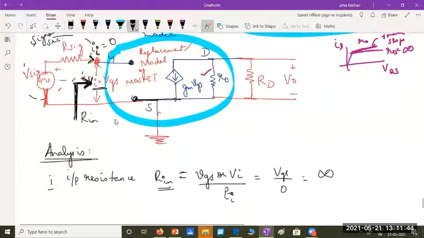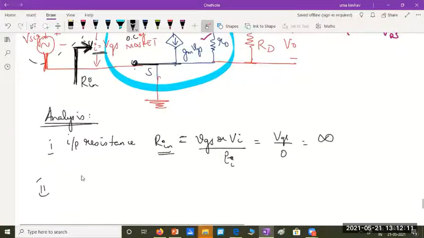In any amplifier for that matter, this is how we find the input resistance. What I was trying to tell you is, you can directly write Rin as infinity because we are looking into an open circuit on the input side. So this is an open circuit. When you are looking into an open circuit, you will directly see infinite resistance. Okay.